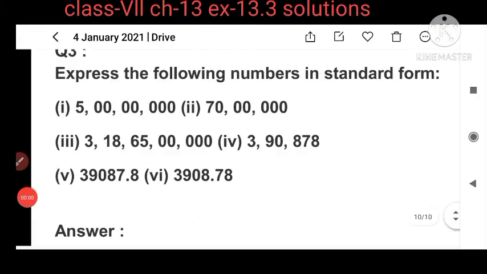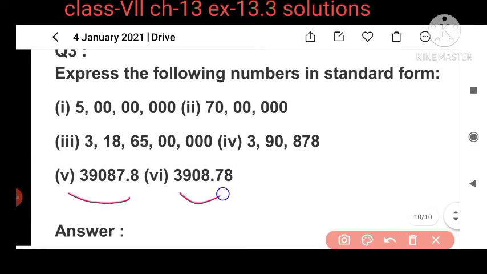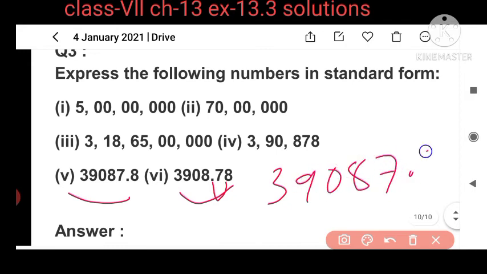In question number 5 you can see there is a decimal, isn't it? Here the number is already a decimal. Now if the number is already a decimal and we are shifting the decimal to the left side or to the right side, suppose you are shifting the decimal here, writing 3908.78, meaning you are shifting the decimal from here to here, isn't it?